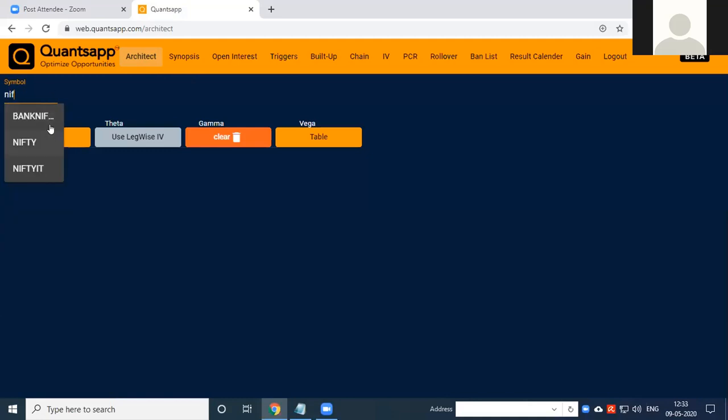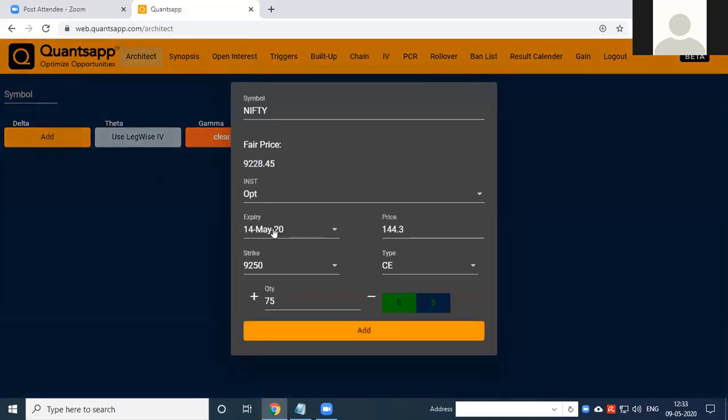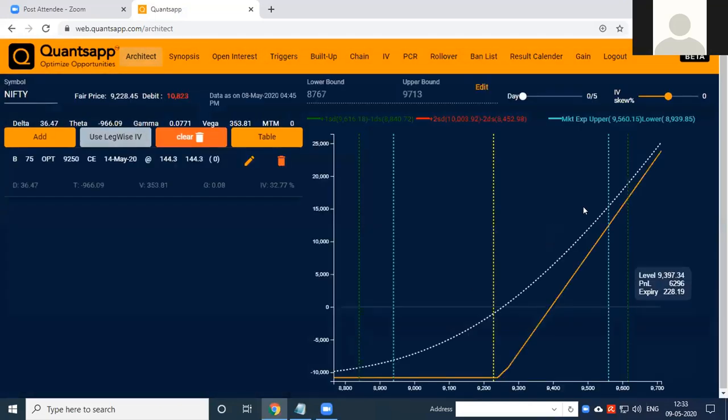So say for instance, I want to add Nifty. I want to do a strategy, say I buy the 9250 call, add.